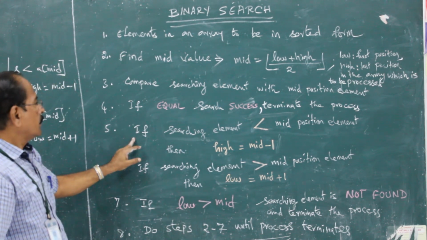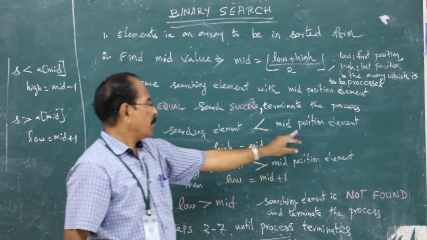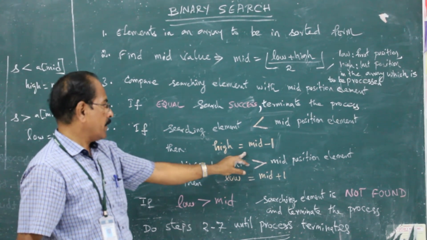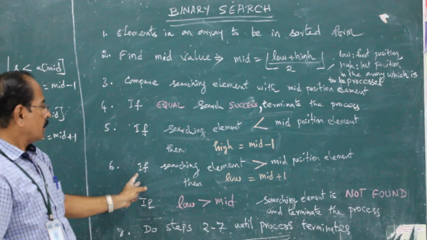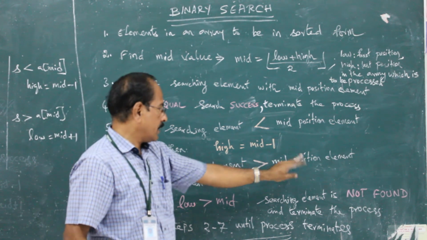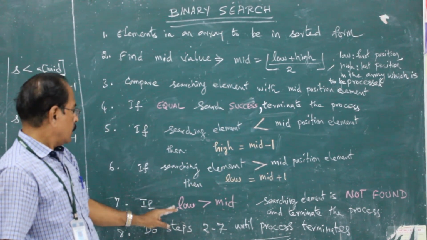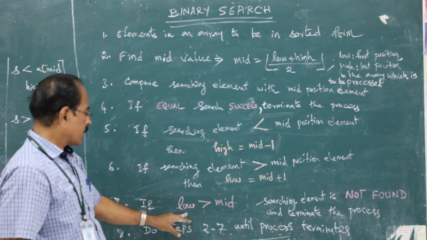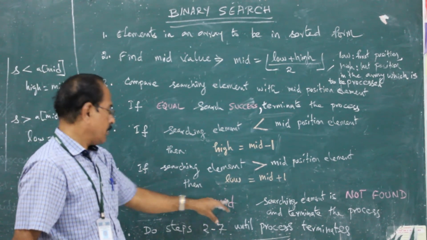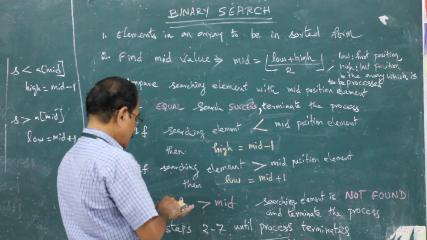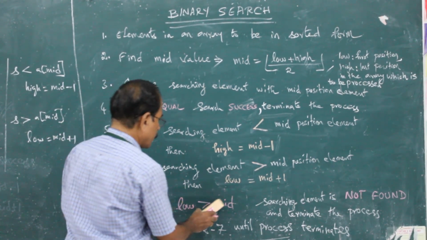Otherwise, if the searching element is lesser than the mid position element, we make changes on high, which becomes mid minus 1. If the searching element is greater than the mid position element, then low becomes mid plus 1. After doing this process, you have to check whether low is greater than high.